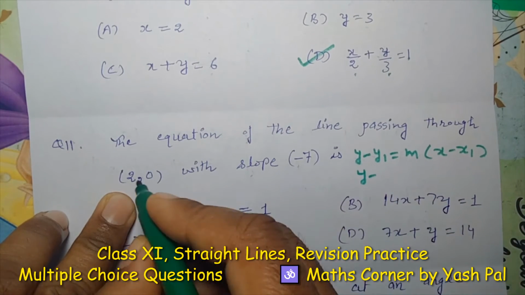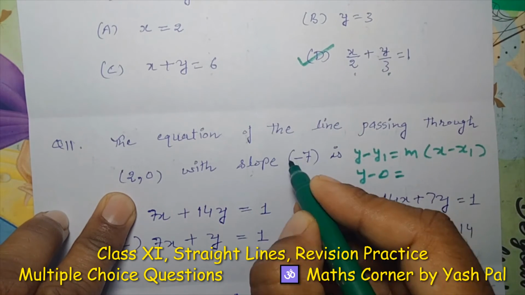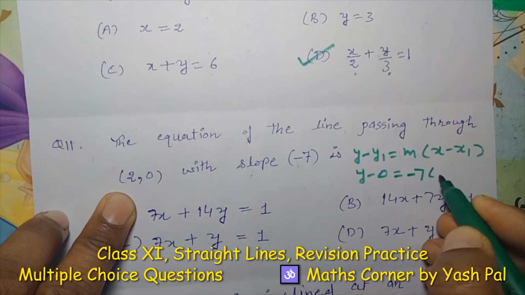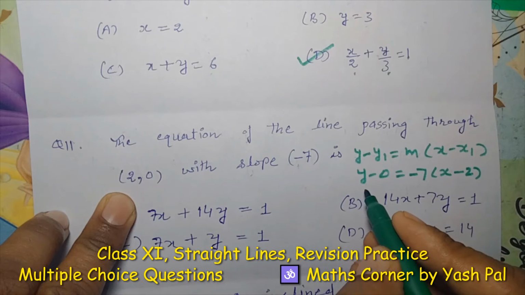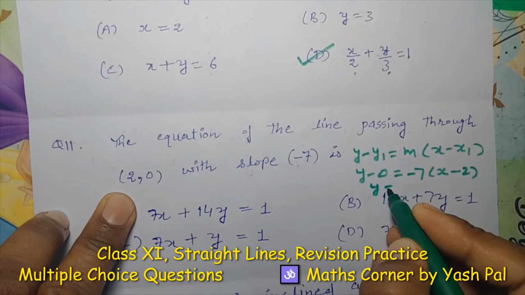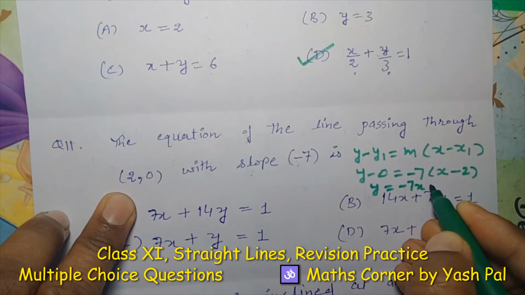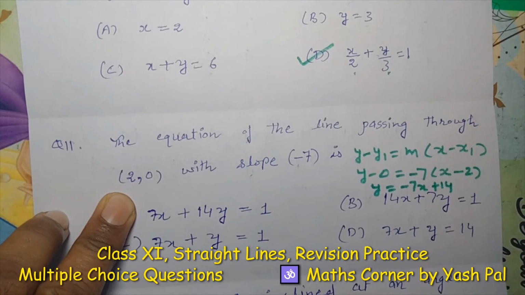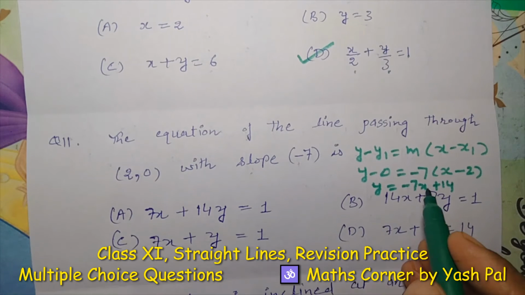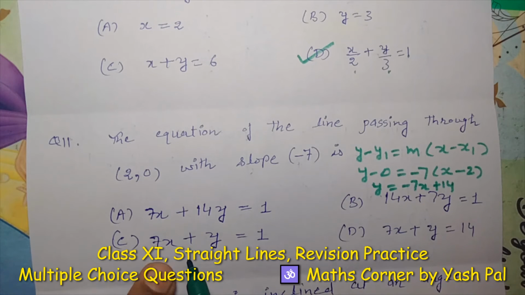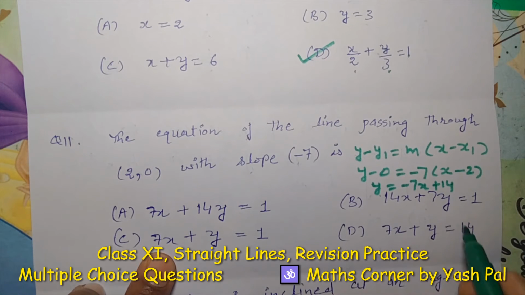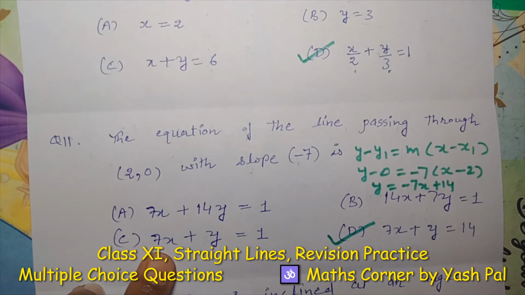Y minus y1 is 0 and slope is minus 7. X minus x1 is 2. So if we simplify this, y is equal to minus 7x plus 14. So what we can say, 7x plus y is equal to 14. Option number D is the right choice.